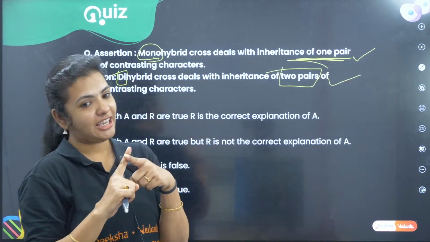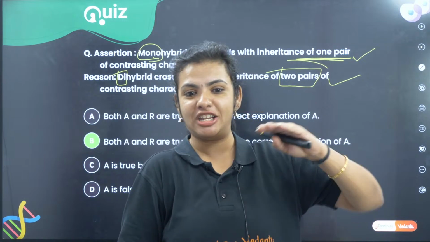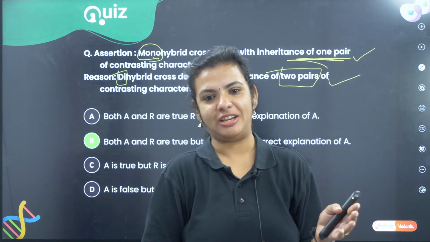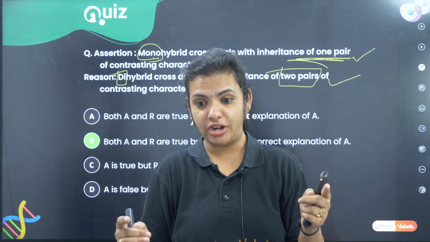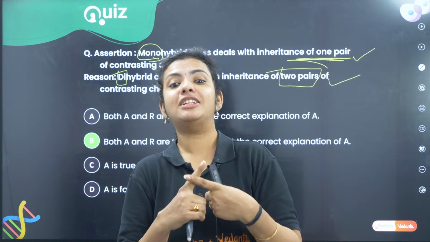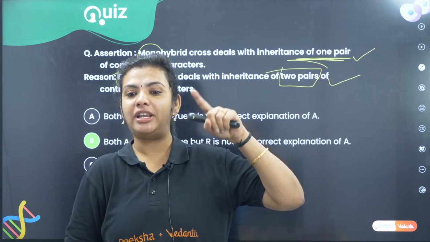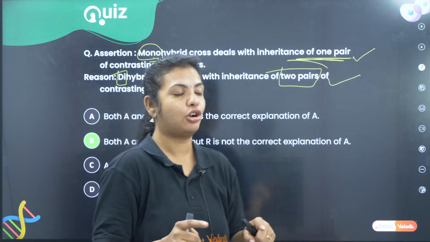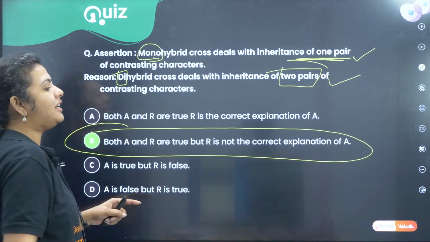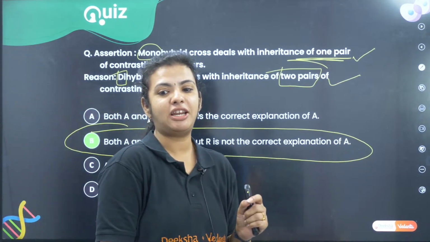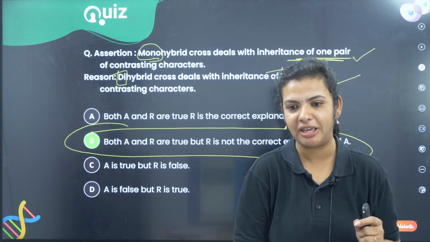But there is no link between monohybrid and dihybrid cross. Monohybrid is 1, dihybrid is 2. Alright, Ifra. But they are not connected. There is no connection between the monohybrid and dihybrid cross. So we would say that both assertion and reason are true, but reason is not the correct explanation of the assertion. Yes, Danish. Now people are saying B.